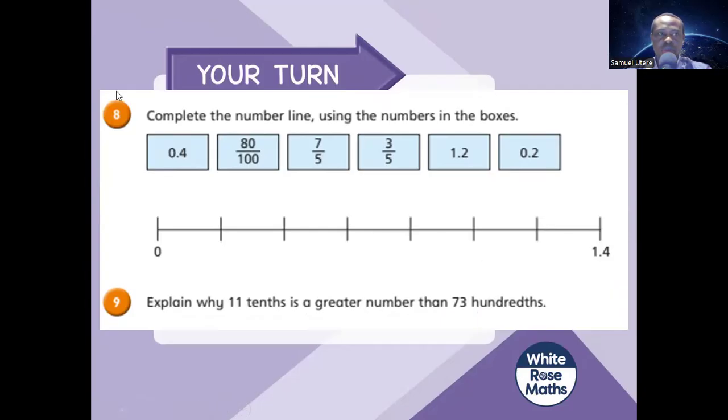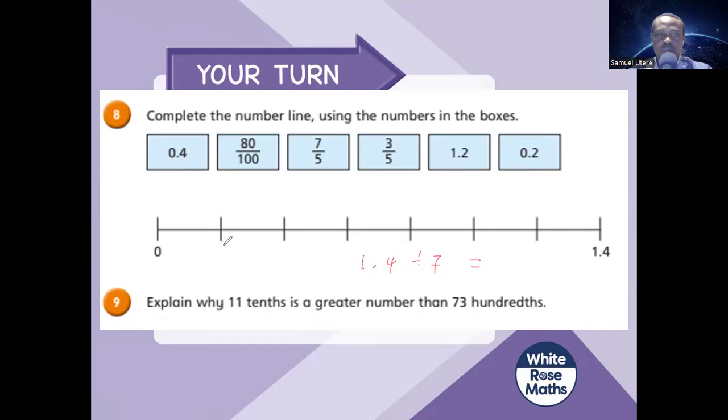So we have to do 1.4 divided by 7 to find the value of each of the interval. 1.4 divided by 7 will be 0.2.